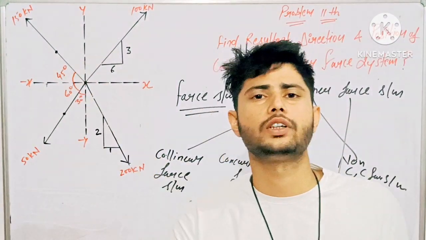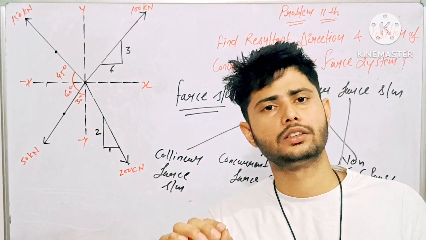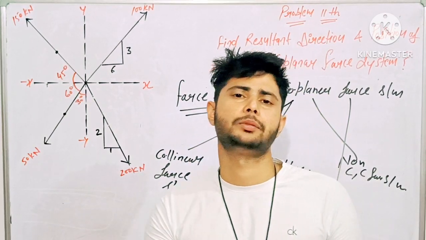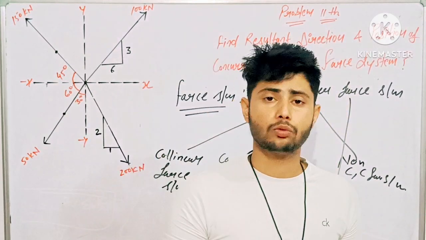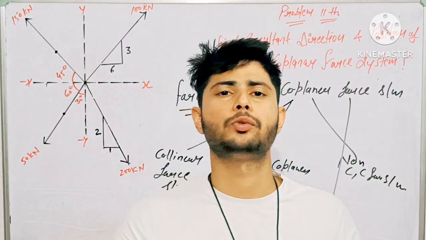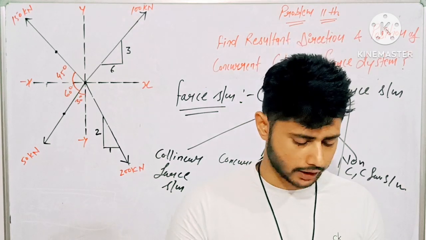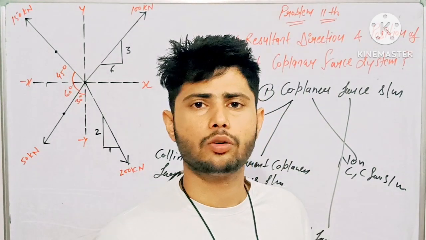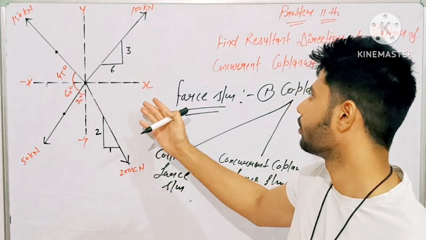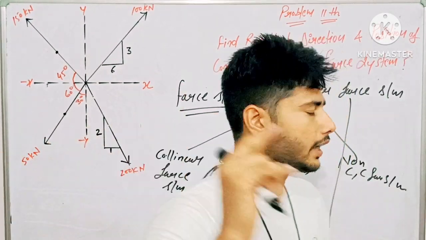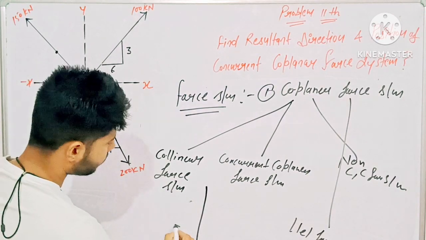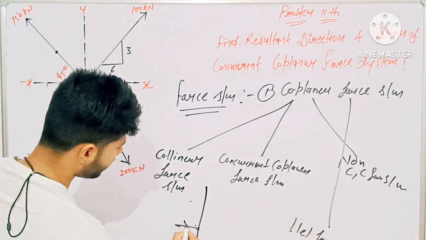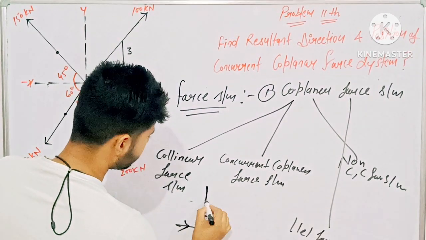When all the forces pass through a single point, then that force system is known as concurrent coplanar force system. And when all the forces pass through different points, then that force system will be non-concurrent coplanar force system.